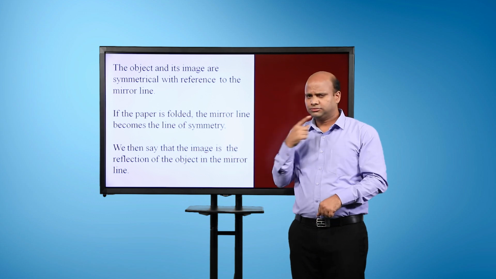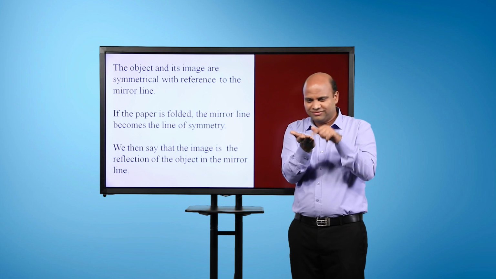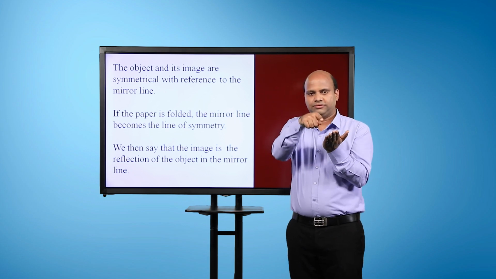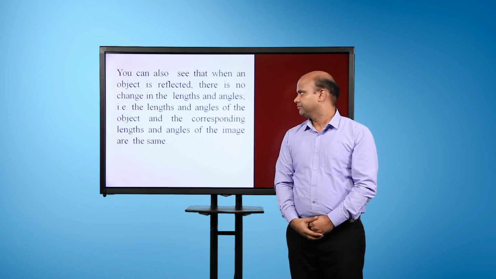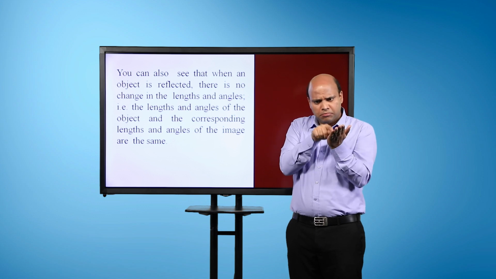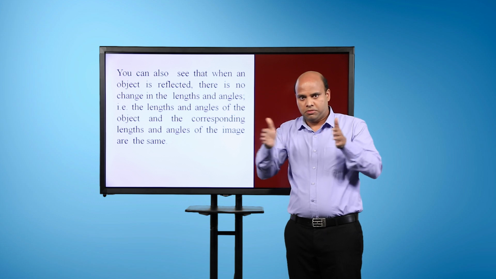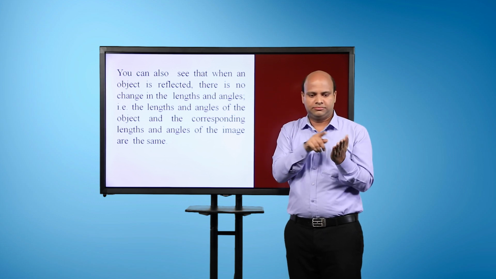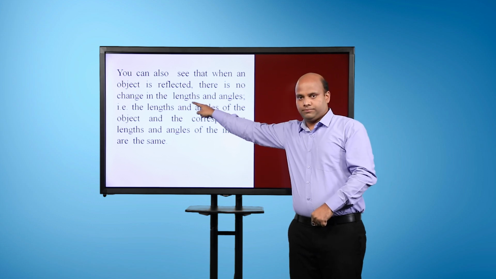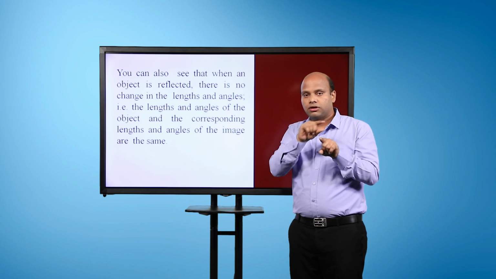We then say that the image is the reflection of the object in the mirror line. You can also see that when an object is reflected, there is no change in the lengths and angles. That is, the lengths and angles of the object and the corresponding lengths and angles of the image are the same.